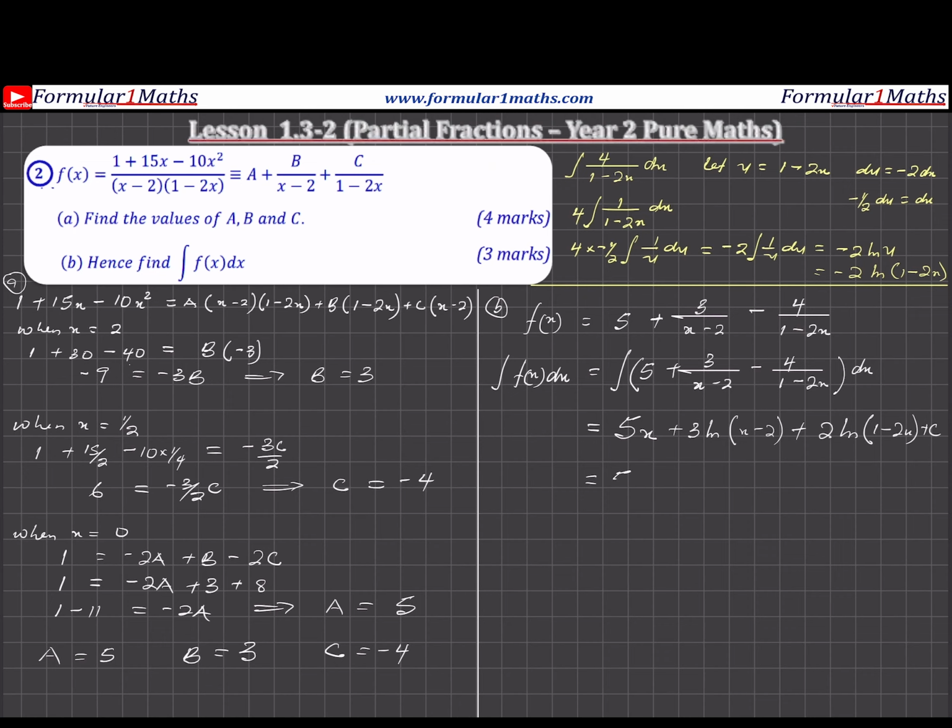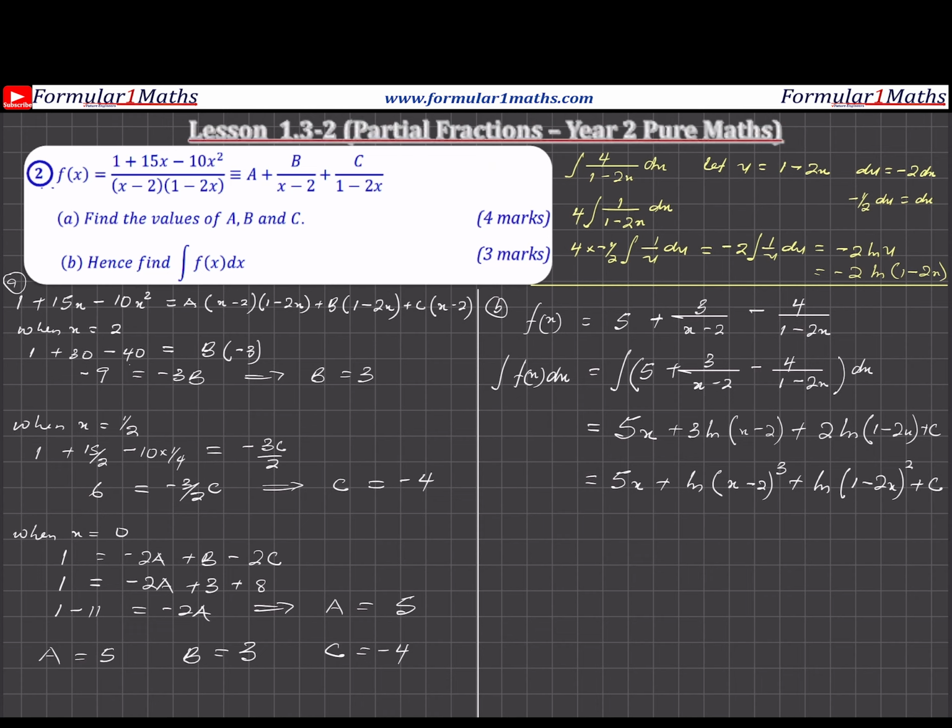I can use the laws of logs to simplify this further. I'm going to get 5x plus ln x minus 2 to the power 3 plus ln 1 minus 2x to the power 2 plus the integration constant.